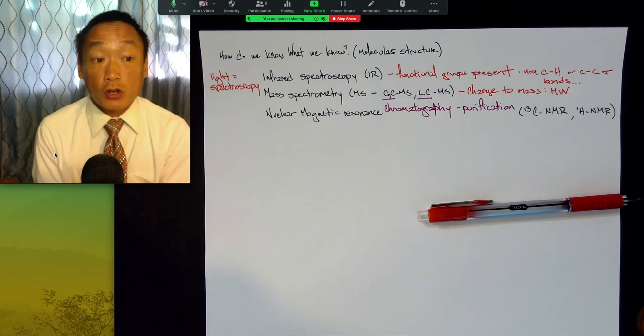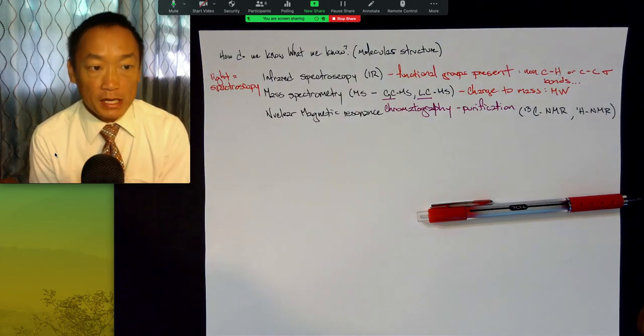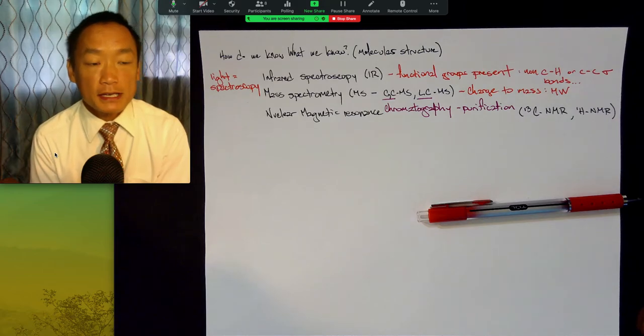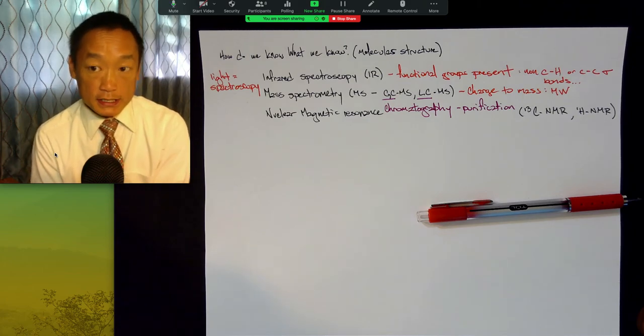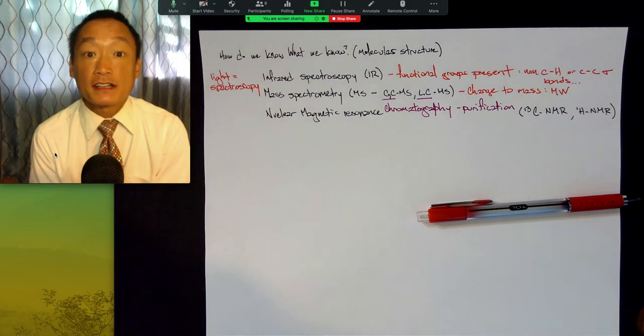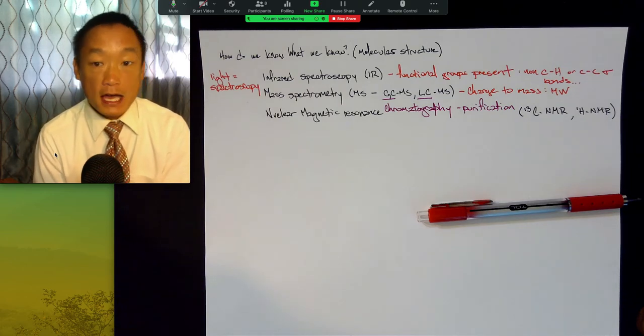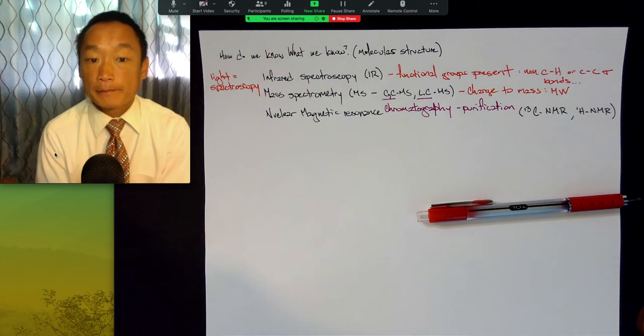Once you get into larger macromolecules like DNA, proteins, and peptides, those types of things, the charge to mass ratio that we determine from mass spectrometry is not the same as its molecular weight. But for this class, you can assume that the charge to mass ratio that we determine from mass spectrometry is the same as your molecular weight.